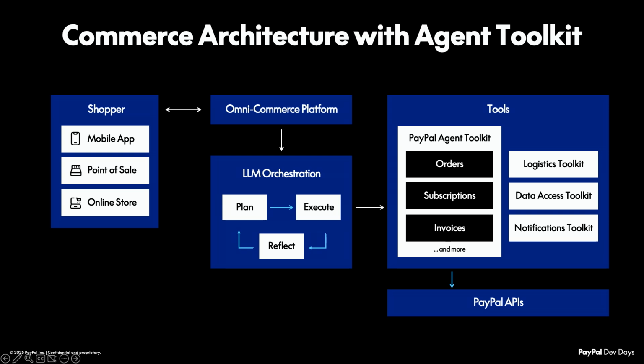Behind that, the variety of tools that are available include the PayPal Agent Toolkit, which supports a variety of our APIs, like the Orders API, subscriptions, invoices. But then it can also involve a variety of other toolkits: logistics toolkits for tracking and package tracking and shipping, data access, notifications. All of that can be included together, provided to the LLM, and the LLM will determine the right course of action based upon the buyer's intent.